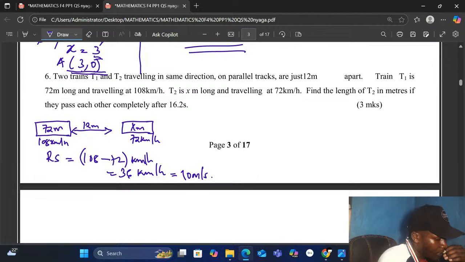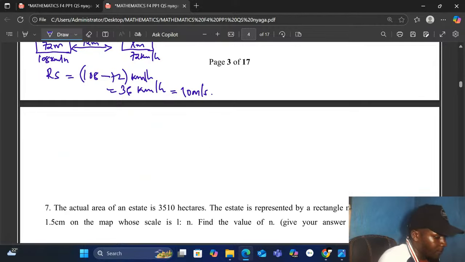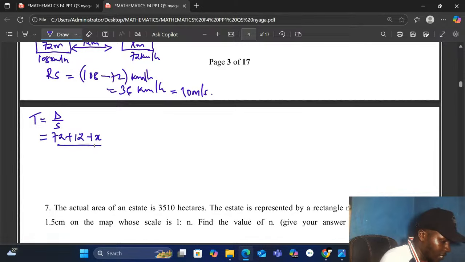Now we look for time, and time is given by distance over speed. So we have 72 plus 12 plus x, that will be the distance, divided by the relative speed, which is 10, is equal to the time, which is 16.2.